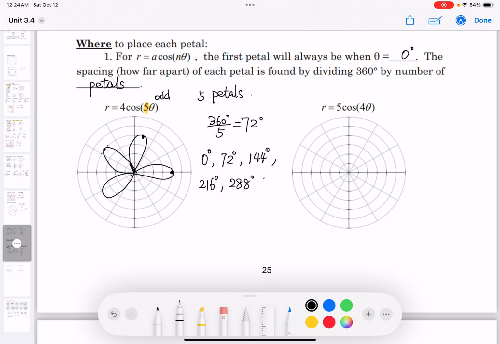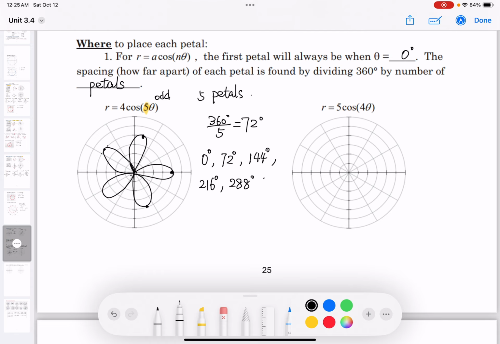This is my fourth petal. I need the last one. The angle is 288. So where's 288? It is about a point here. So connect it. Yes, we made our pretty rose with 5 petals.